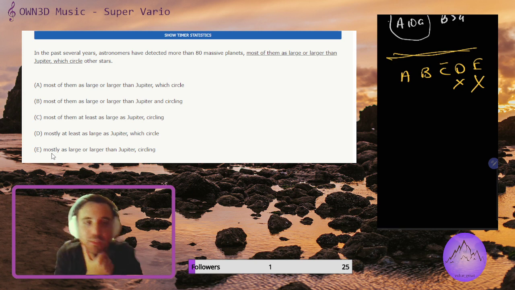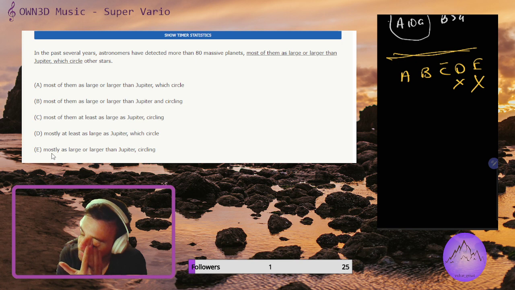I think that's probably going to be some kind of weird modifier rule that is being broken there, where mostly doesn't, it's not actually a proper conjunction or something like that. I'm not using the proper grammar here.